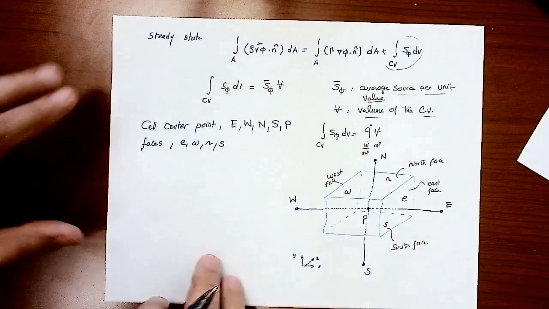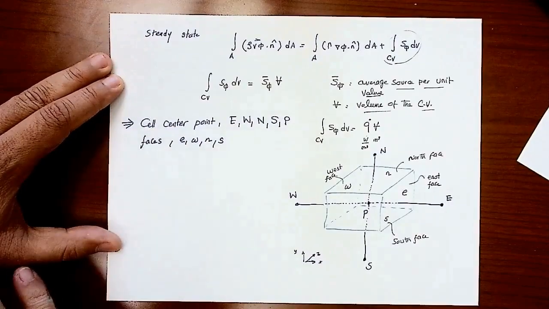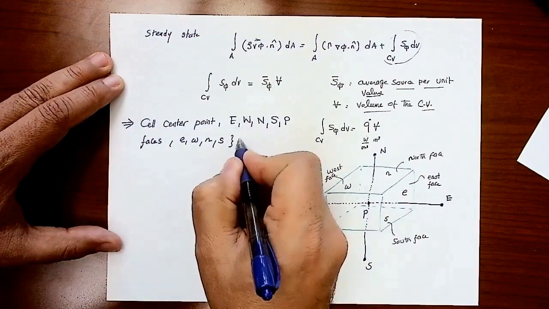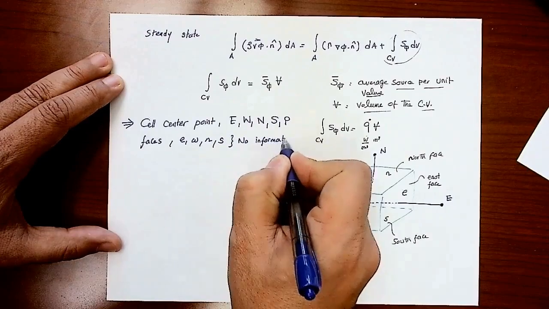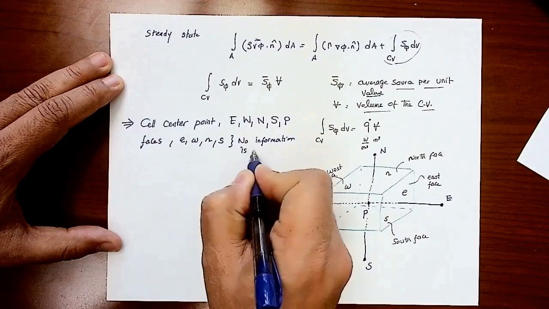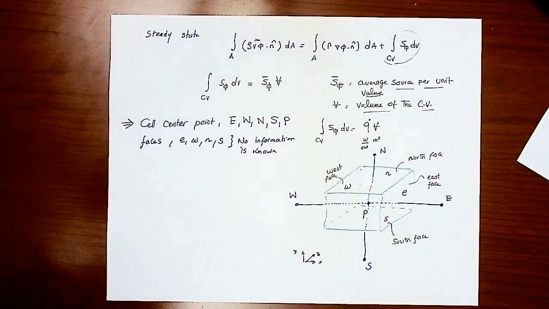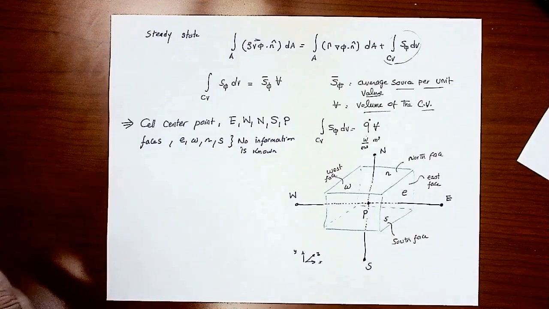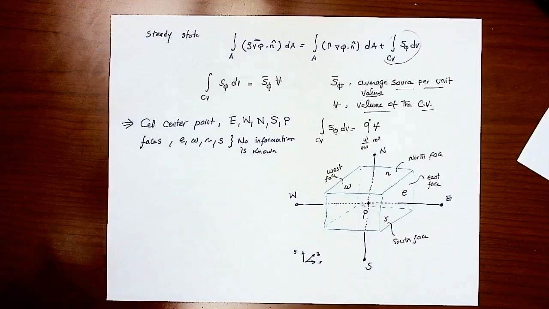Integrating the general transport equation will give us the values at the center point, but on the faces, no information is known. I don't know any data on the faces. So there is no value known on the faces of that cell.